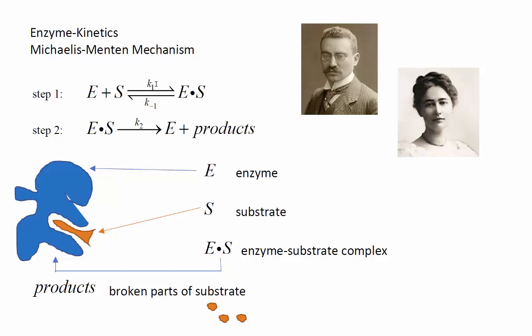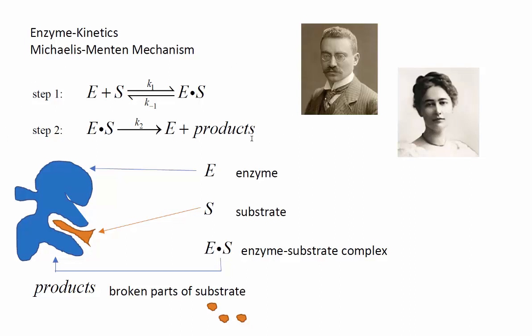K1 is the forward rate constant. K minus 1 is the reverse rate constant. In the second step, which is fast by comparison, the substrate breaks off into these little pieces that I have shown down here. So we've got the enzyme, the enzyme substrate complex, and the products as part of the mechanism.